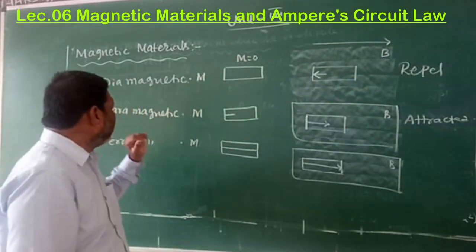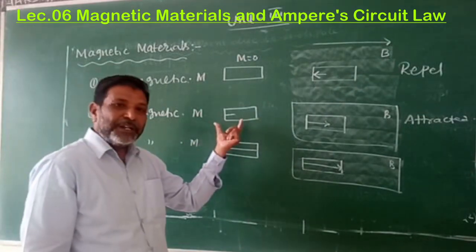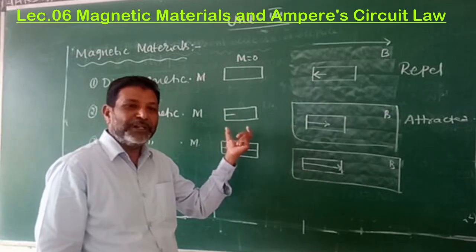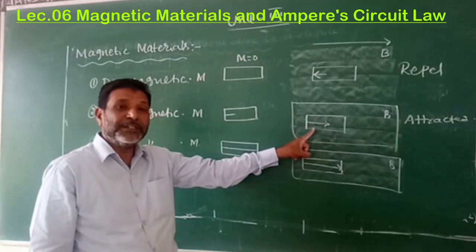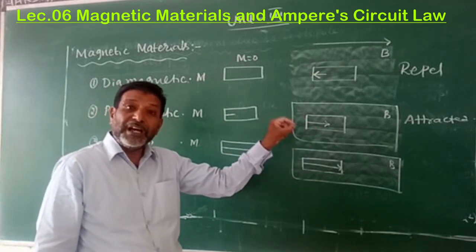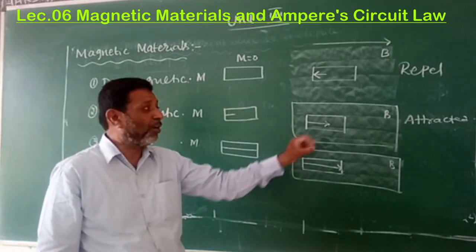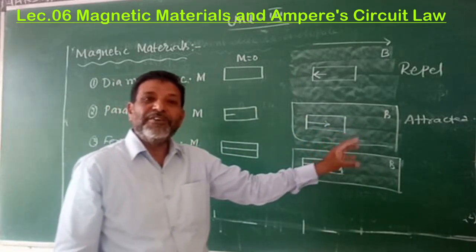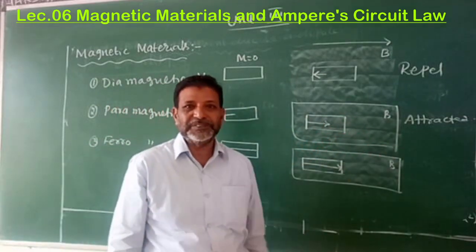Next, paramagnetic material initially has some magnetic moment. When placed in a magnetic field, that magnetic moment aligns in the direction of the applied field. Hence, it is weakly attracted.